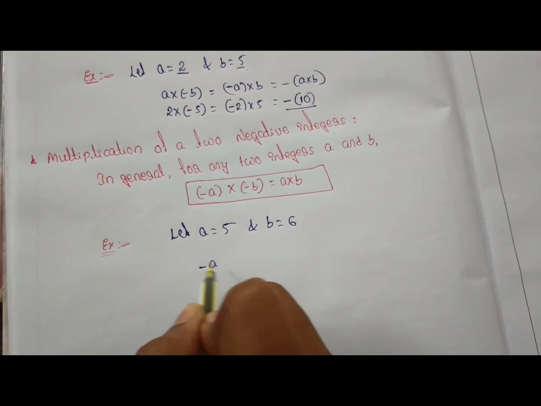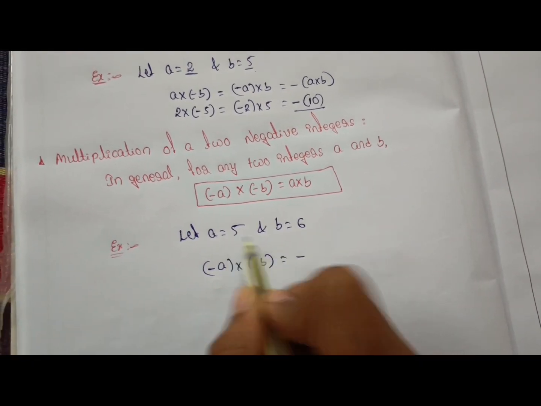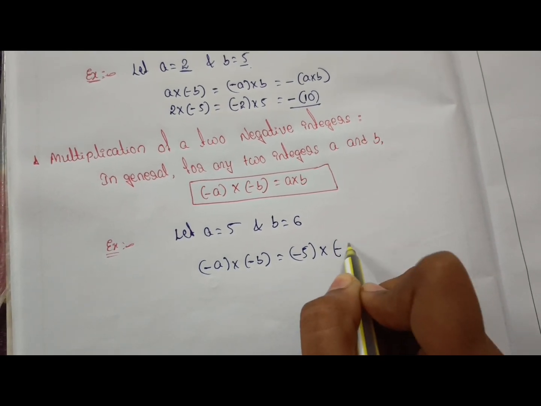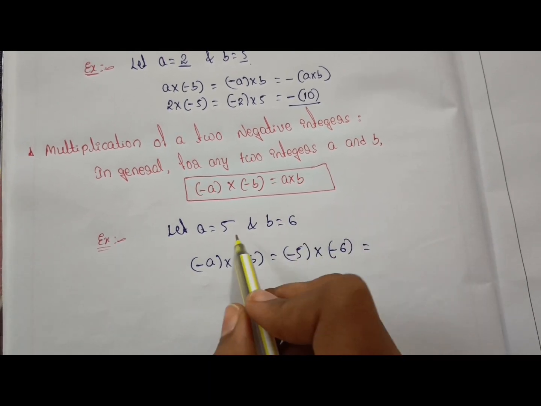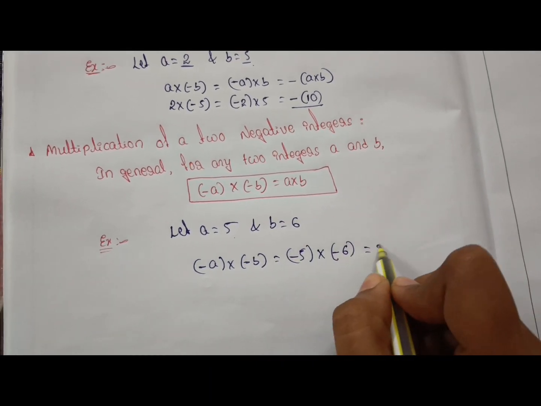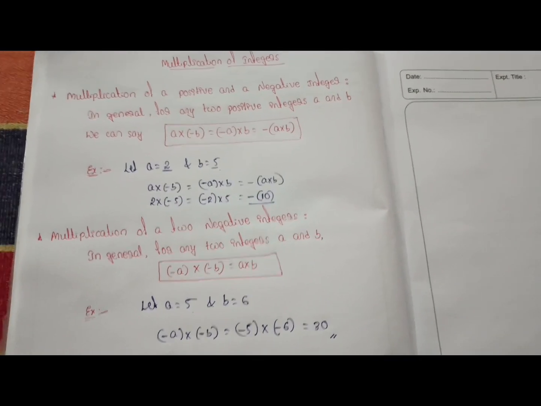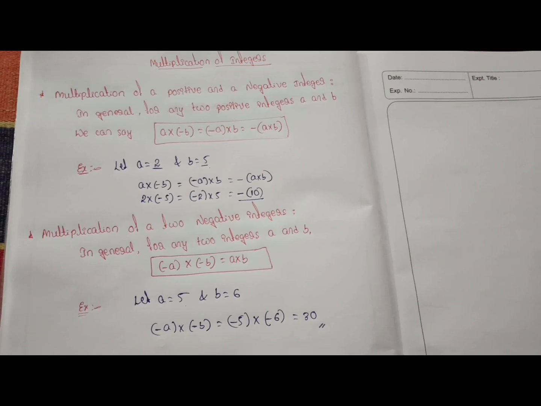So, minus a into minus b is equal to minus a means minus 5 into minus b means minus 6. That is equal to a into b means 5 6 are 30. This is the answer.